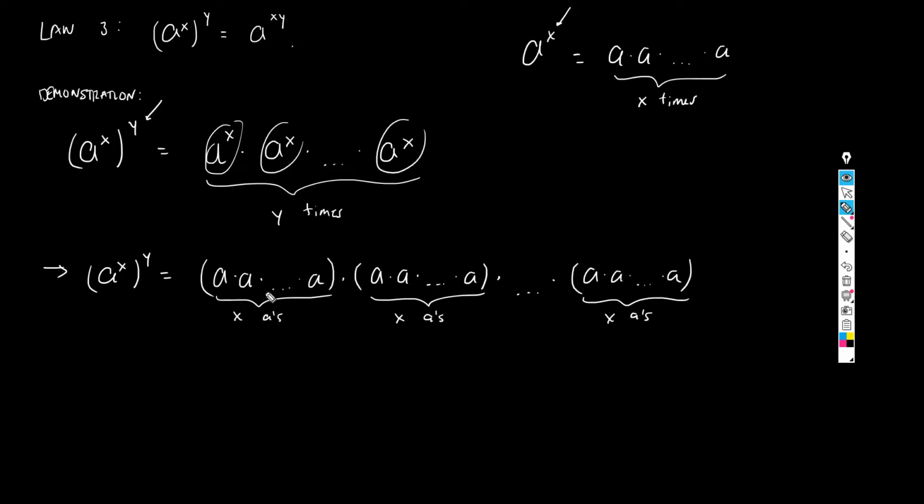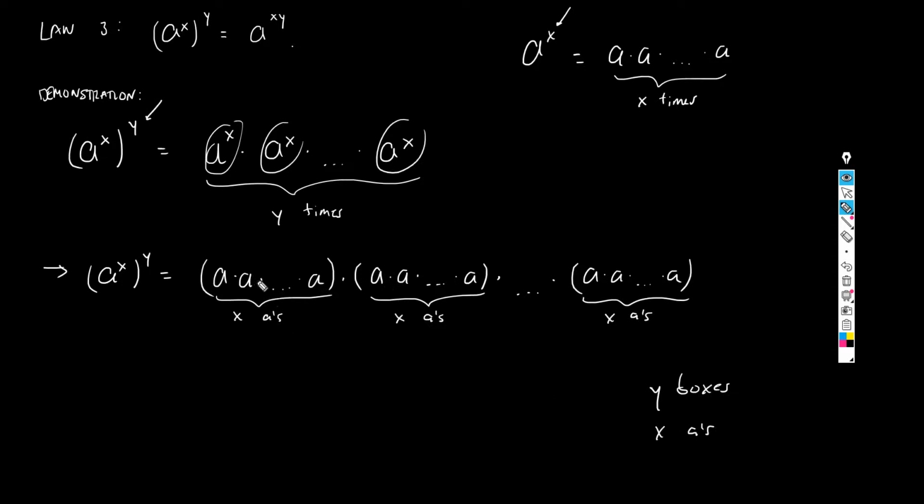So if this is the first box, this is the second box, etc., and this is the last box, how many boxes do I have? I have y boxes according to this. One box, two boxes, y boxes. So we have y boxes, each of which contains x a's multiplying one another.